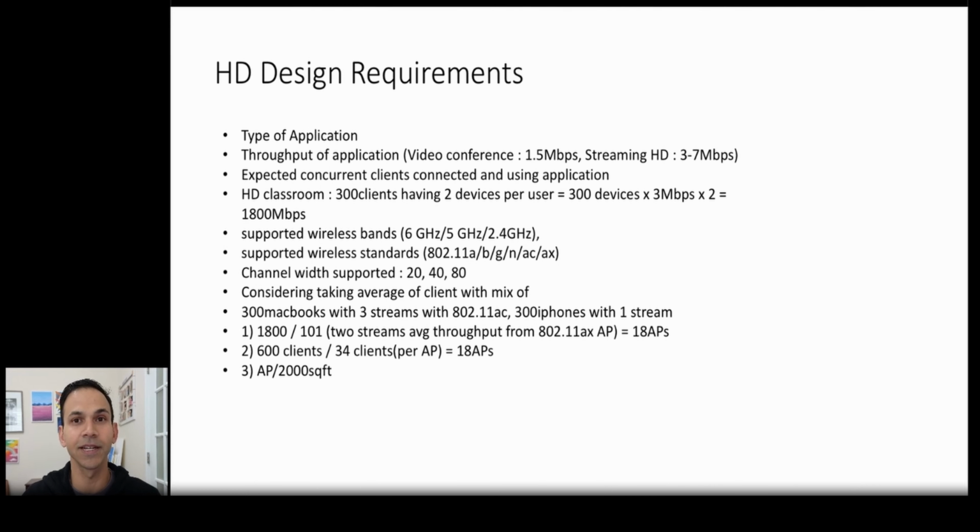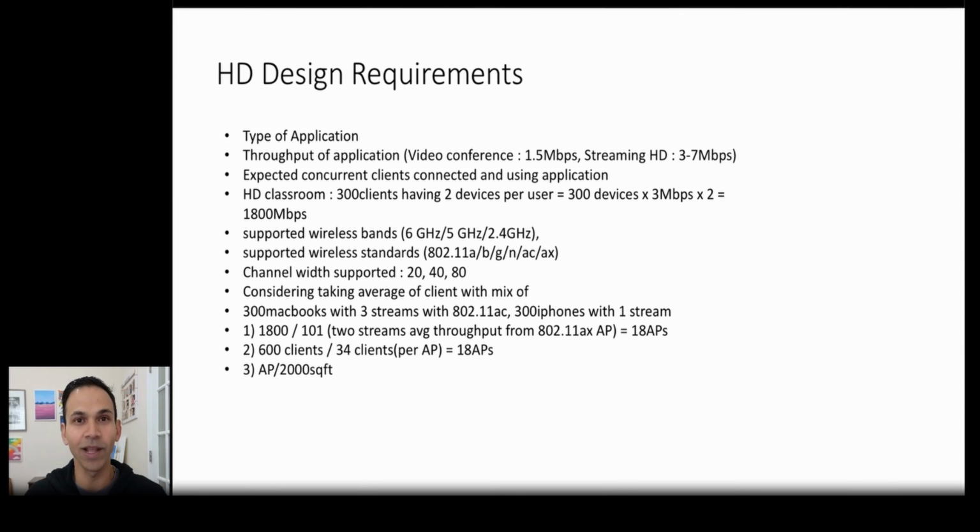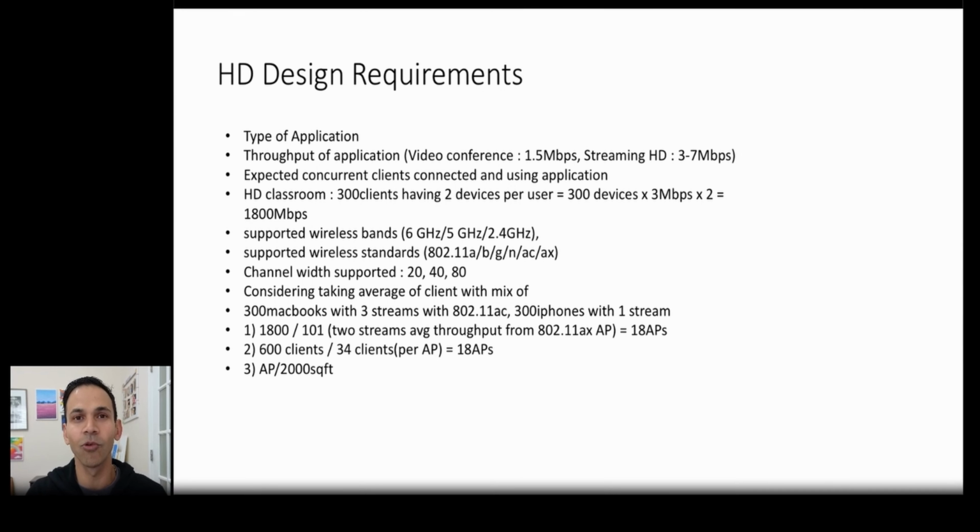We need to understand the type of application, throughput, and number of concurrent clients. If there are 120 students in a class, consider twice the number of devices in the design, and then try to understand which wireless band it is going to be used.